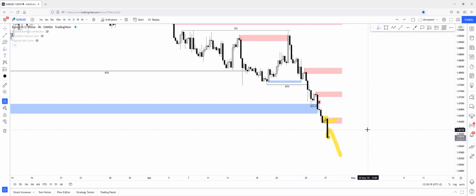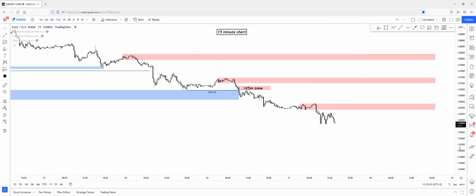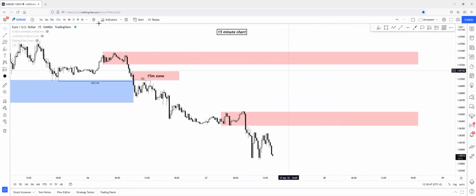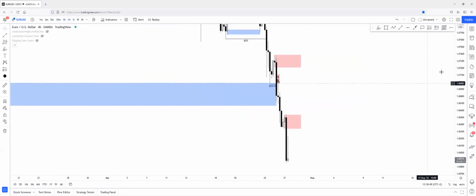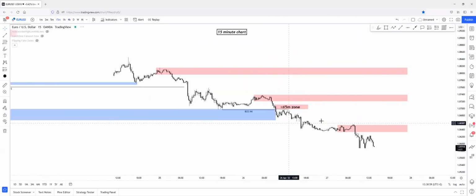This is a joke. So yeah, let me just switch to the 15-minute chart and let's see how price action actually looks like. Okay, it's pretty clear. Let me just close these zones a little bit because these are too huge, and I want my charts to be clean. I hate messy charts.